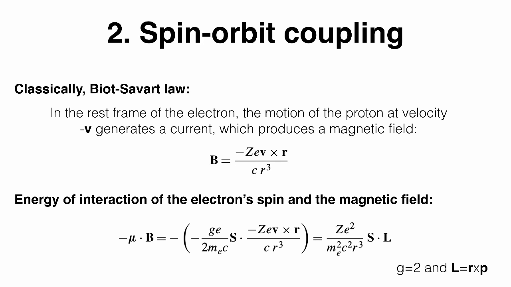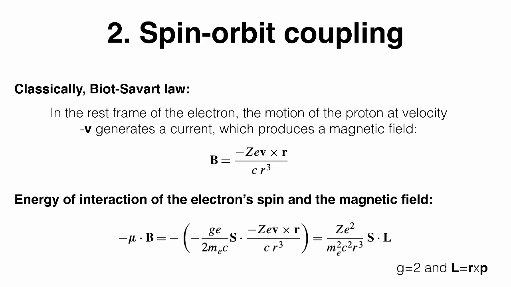The magnetic field comes from the orbital angular momentum, while the magnetic moment comes from the spin angular momentum. So when everything is said and done, when we write all the equations together, we do expect that the interaction between the two will be an S dot L, S being the spin, L being the orbital angular momentum. So this is what we find.